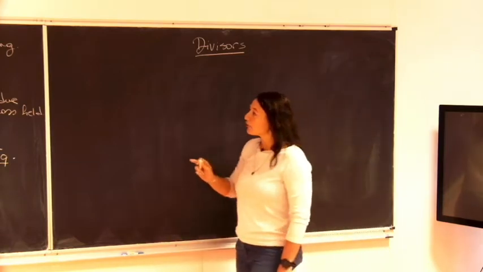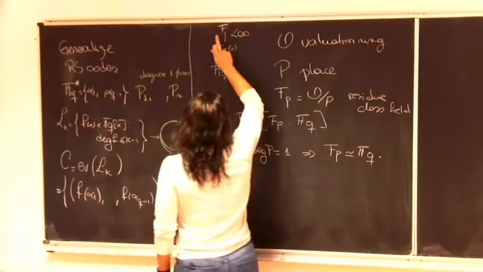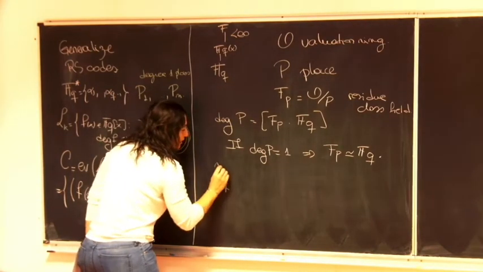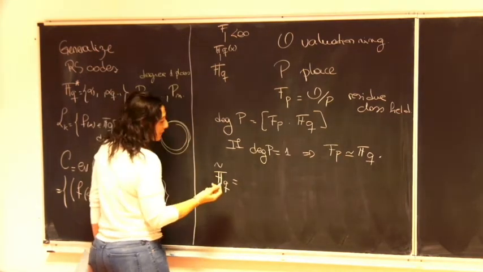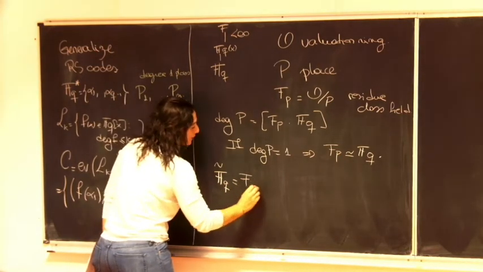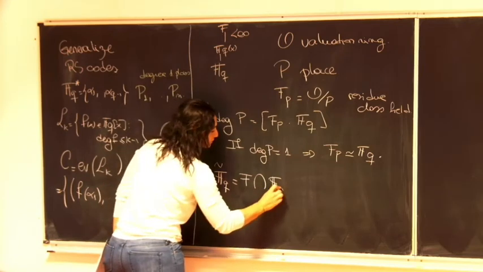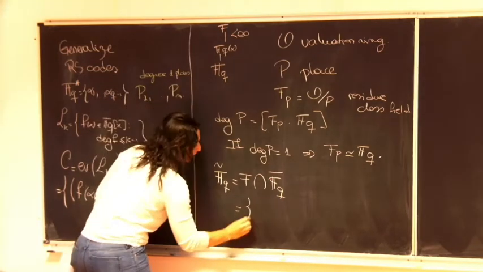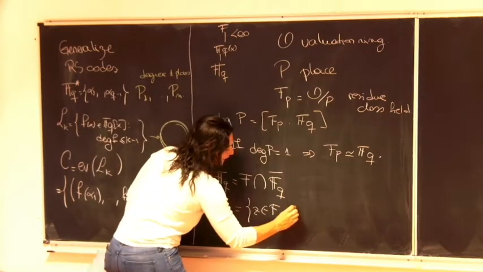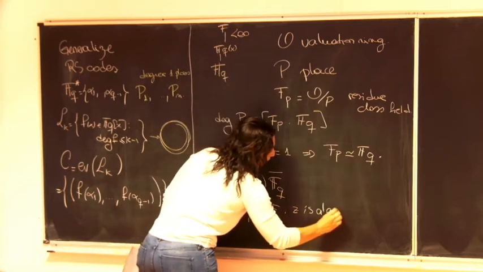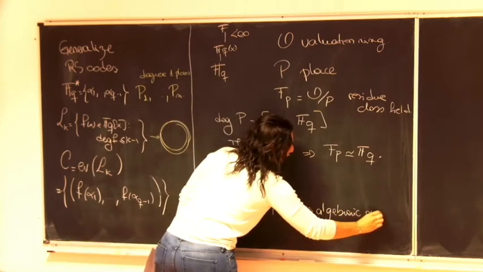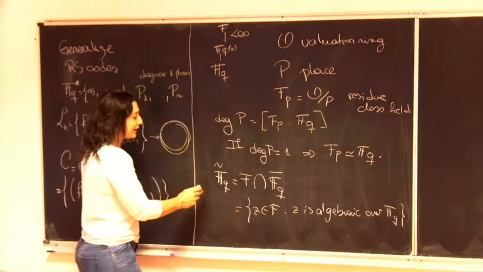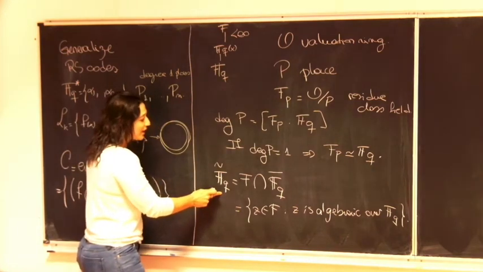Recall that when we define the function field, we said that we could consider FQ tilde, these are the elements of F that were algebraic over FQ. So my hypothesis now is going to be that this field is the field FQ.